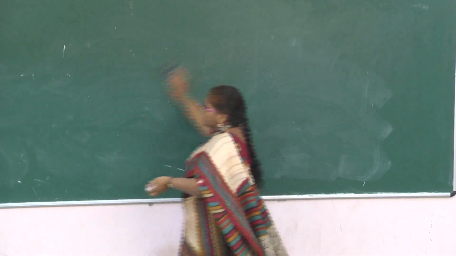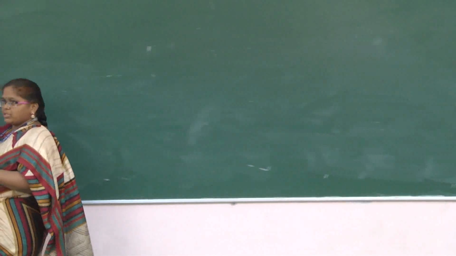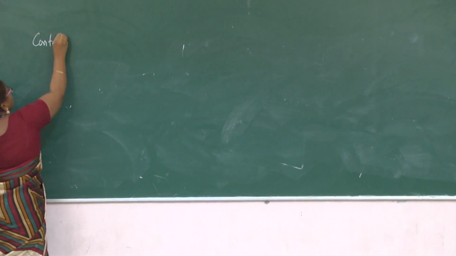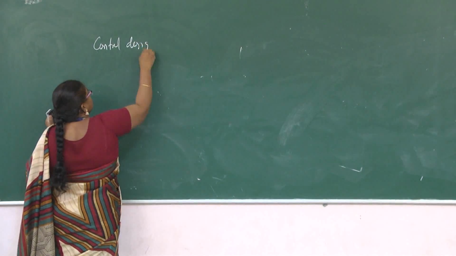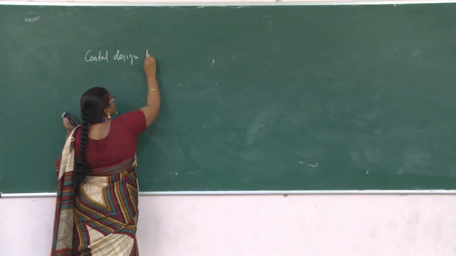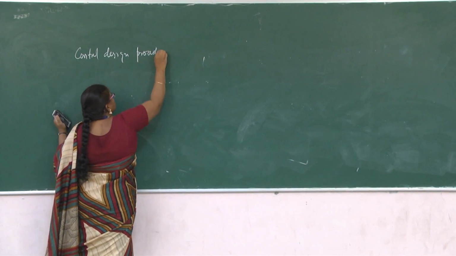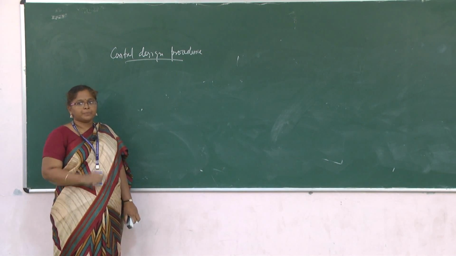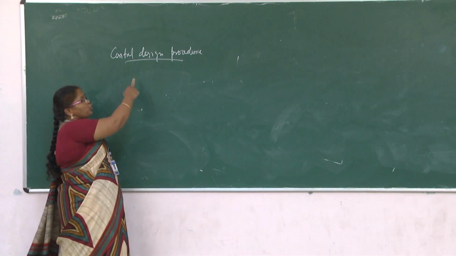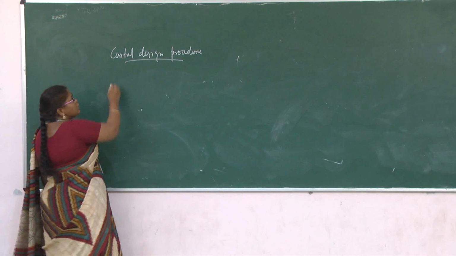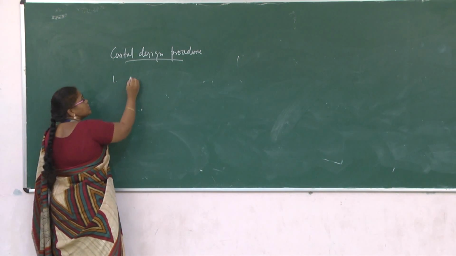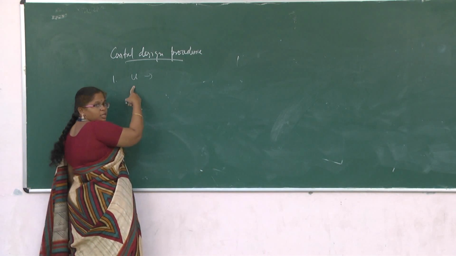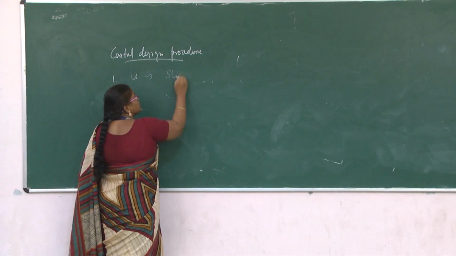So let me summarize the control design procedure. The first step is to design a control law and then show that this control law satisfies the sliding condition.